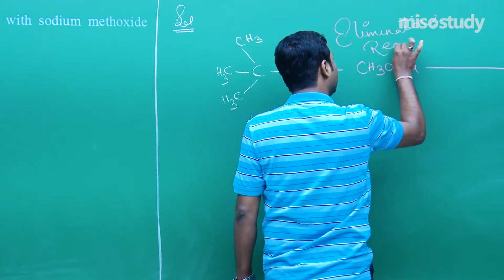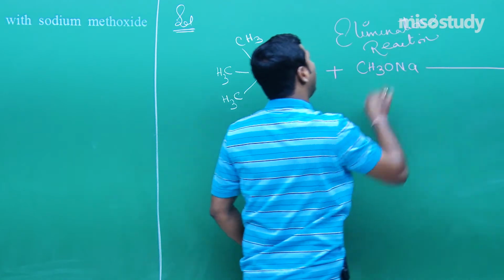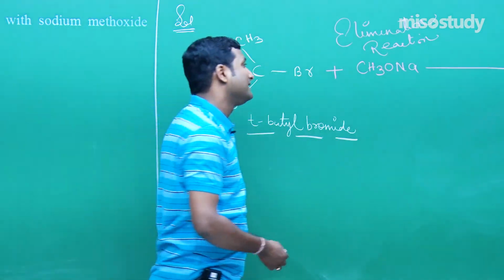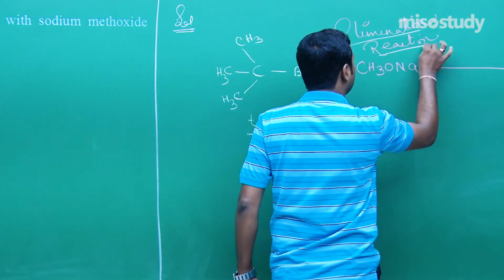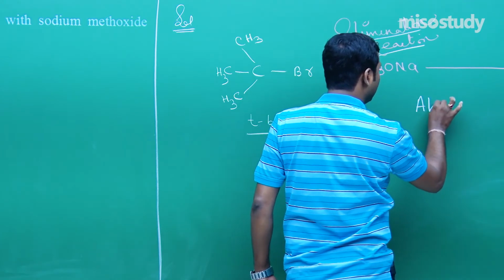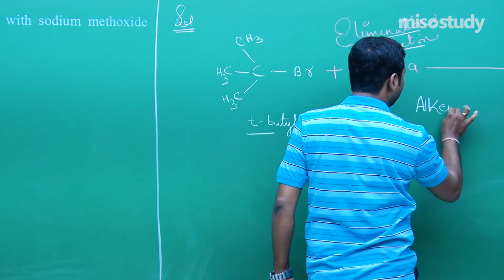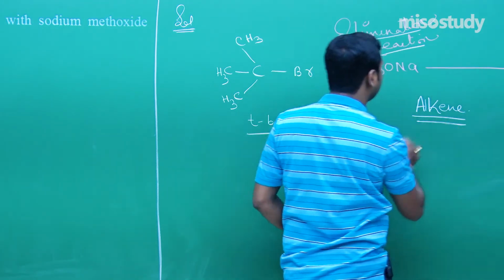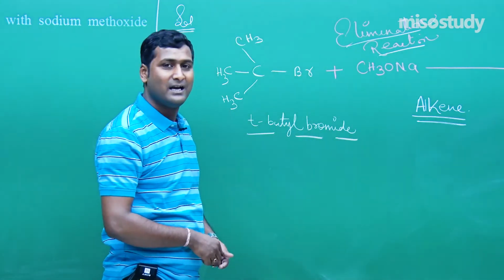If there is a possibility of elimination reaction, then the product is definitely alkene. That is, the formation of double bond takes place. Clear?